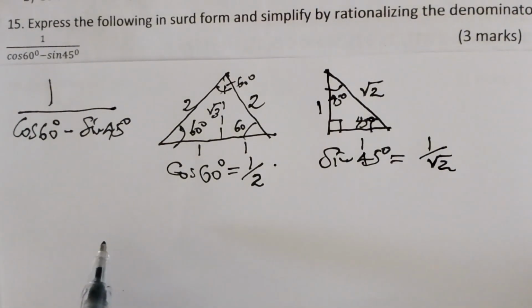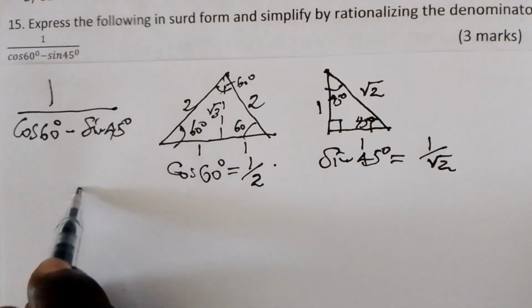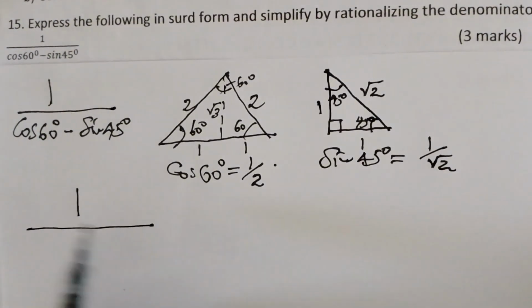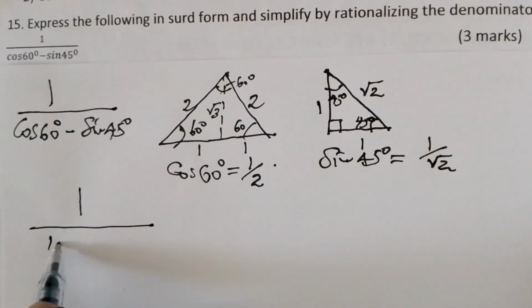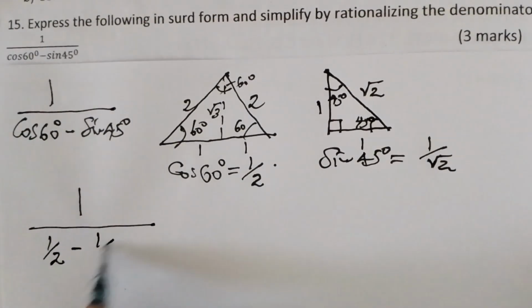So when we go back to our statement, we can rewrite this as 1 divided by the cos of 60, which is a half, minus 1 over root 2, like that.